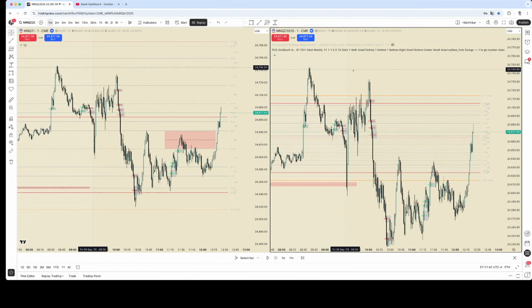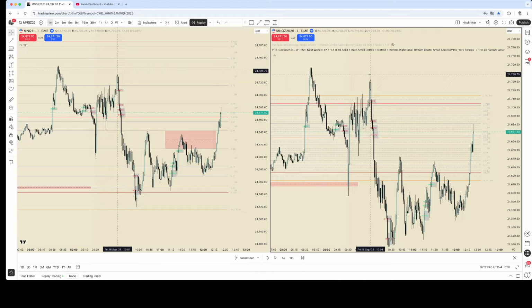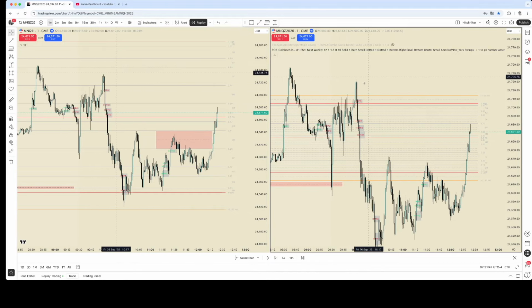Because you see, if you enter here, let's say you enter here a trade on a 243 GB range down here, and you see all this, and you have your stop loss at the external range, and you see all this chop.